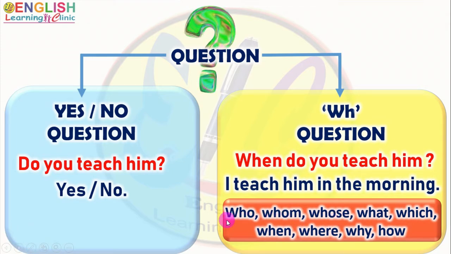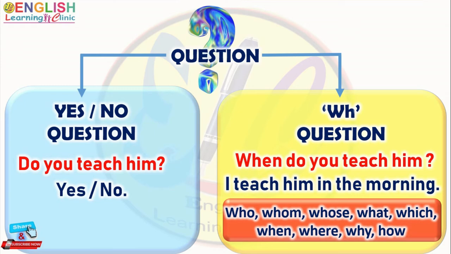So, these words are called WH words. And as this type of question starts with these WH words, these types of questions are called WH questions. Now, let's first learn how to change the voice of the verb in a yes-no question.